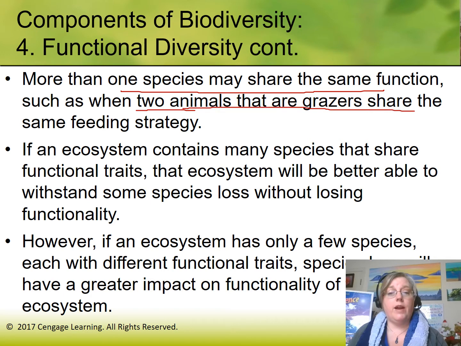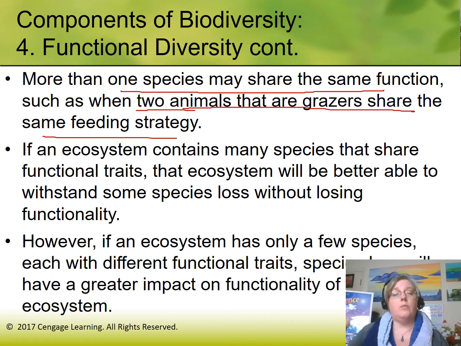Two animals that are grazers will share the same feeding strategy. If something happens within the ecosystem, maybe there's a sickness that comes in and kills off one of the herbivores, the other herbivore will pick up the slack. That's why we need functional diversity. We need a whole bunch of organisms that do the same job. Because if something happens to one, the ecosystem will be resilient. The ecosystem can bounce back.